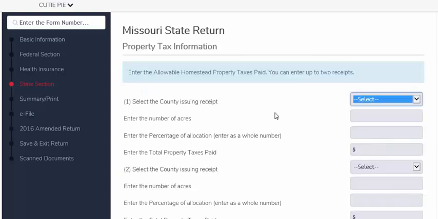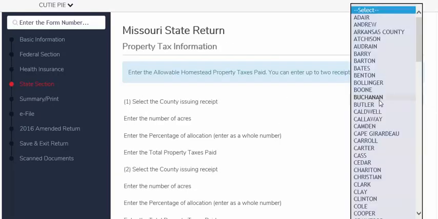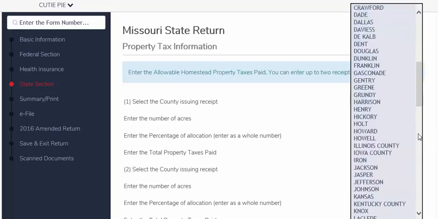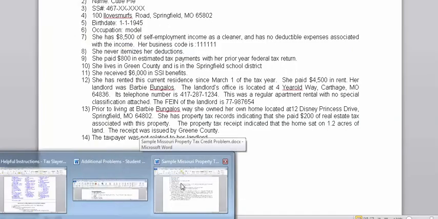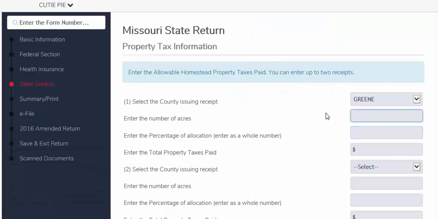Now we go back under the property tax information, the county issuing the receipt, Greene, number of acres, I believe we said it was 1.2. Enter their percentage of allocation.